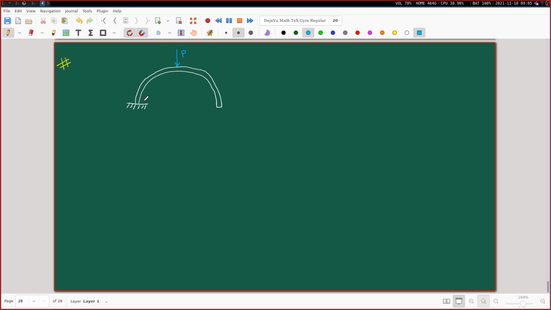But that is valid only when the radius of curvature of this semicircular beam, or maybe some arc, that R, is much larger than the depth of the beam.